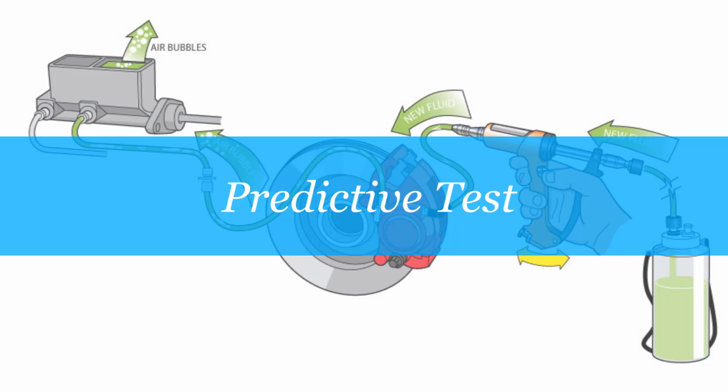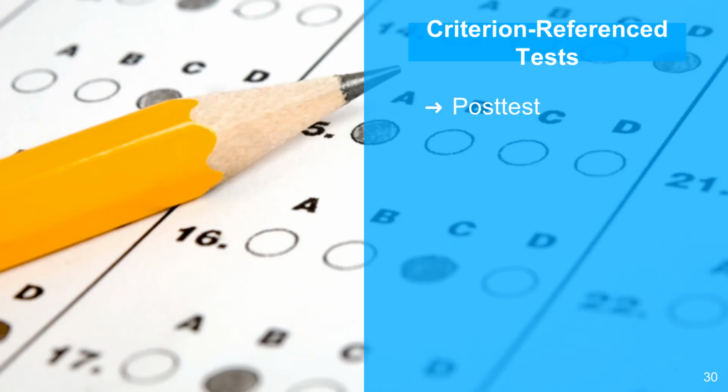Let's dive deeper into criterion reference tests. The lesson planning process concludes with the construction of test items and tests to measure learning. These test items are one method we use to gather evidence that students have learned what we intended them to learn.